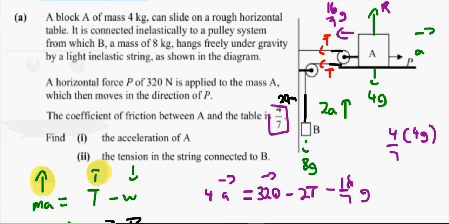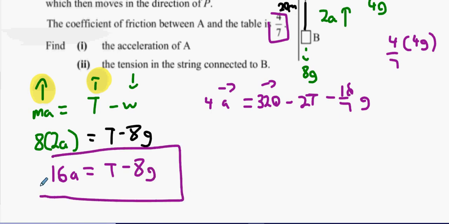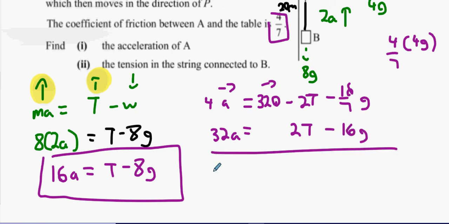Now, let's look downwards. What letter could we get rid of here? I'm thinking about multiplying this by 2 and then adding it directly underneath. So I'll get 2a equals 2T minus 16g. I'll get 36a equals, what are we looking at there, lads?